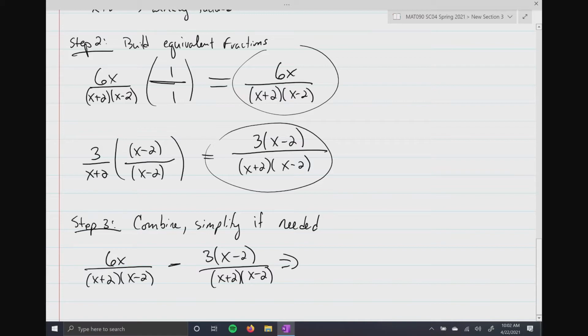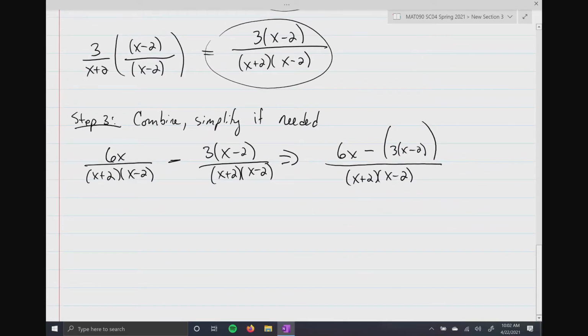Now that I have common denominators, I'm just going to write it once. And I need to be careful because I have 6x minus the quantity of 3 times the quantity x minus 2. So remember, I put that second thing in parentheses.